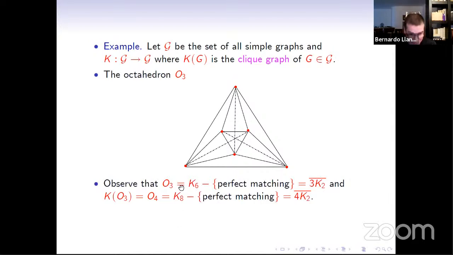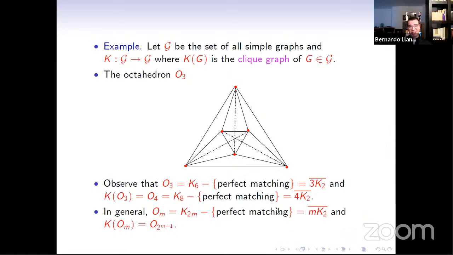O4, following the same idea, is K8 deleting a perfect matching, and you can see the 4 copies of K2. So in general, you can define an m-dimensional octahedron, which is a complete graph on 2m vertices deleting a perfect matching.